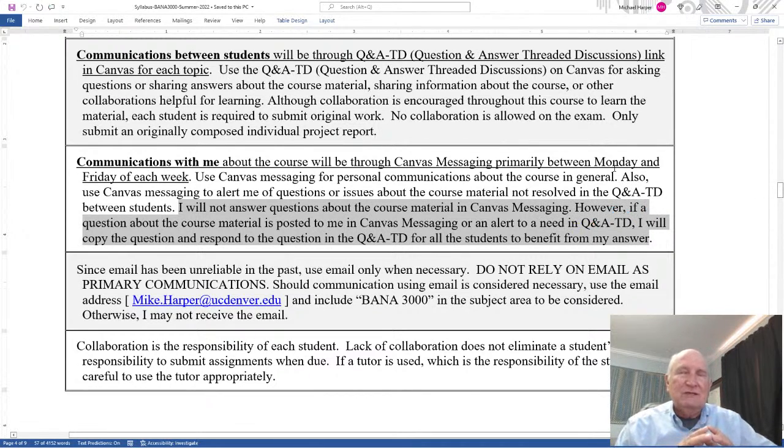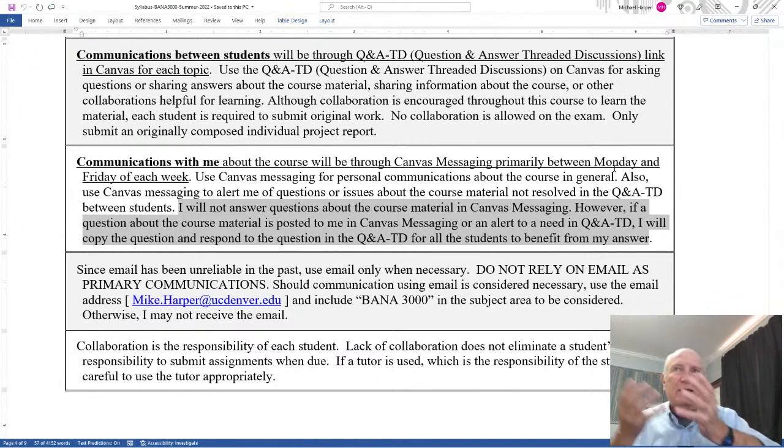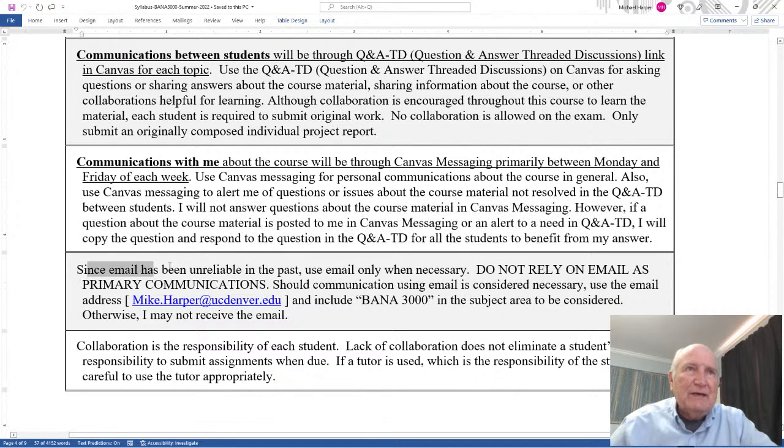Canvas messaging is to tell me of a problem, but for me to respond to that problem, it's going to be the question and answer threaded discussion. There's where all the answers will be, not email, which I'm getting to here in a minute, and not through the Canvas messaging. Since email has been unreliable in the past, use email only when necessary.